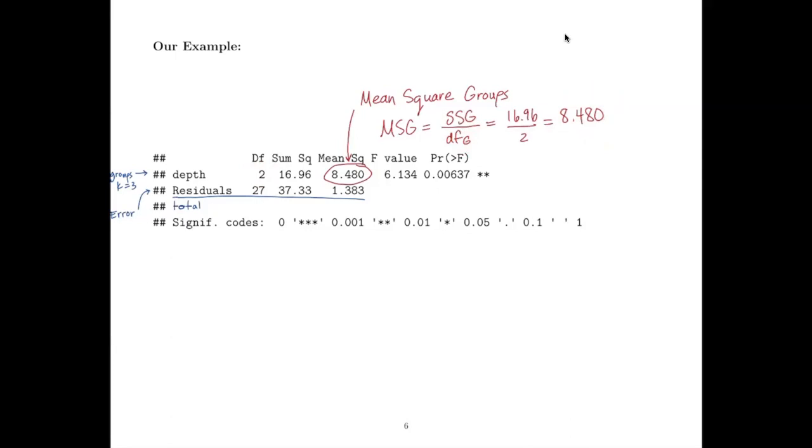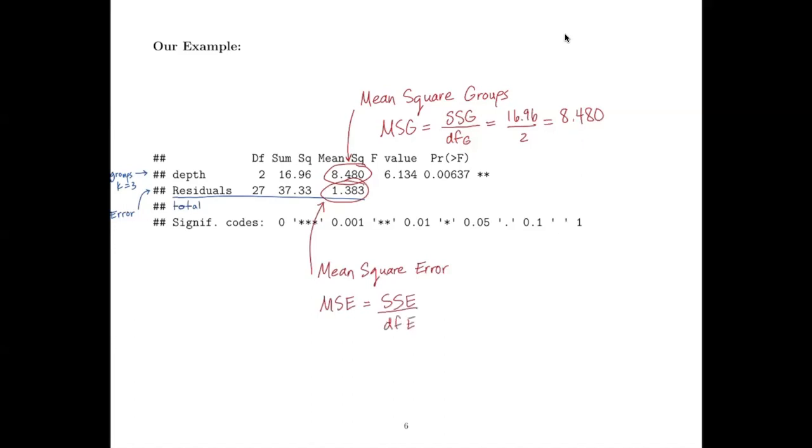The other thing that we might want to calculate here, you might guess it, is the mean square error. We'll actually be talking about this one. This turns out to be pretty important or useful. The MSE, you might hear it talked about or reported in different papers. This is the sum of squares error divided by the degrees of freedom error.